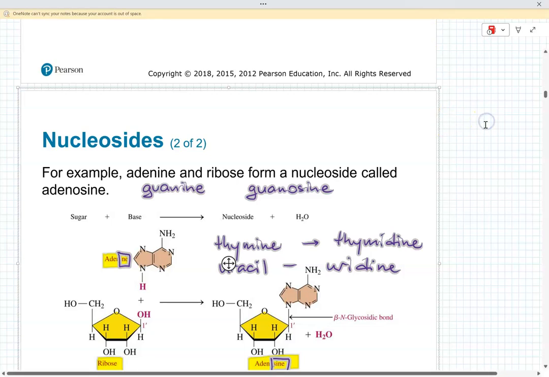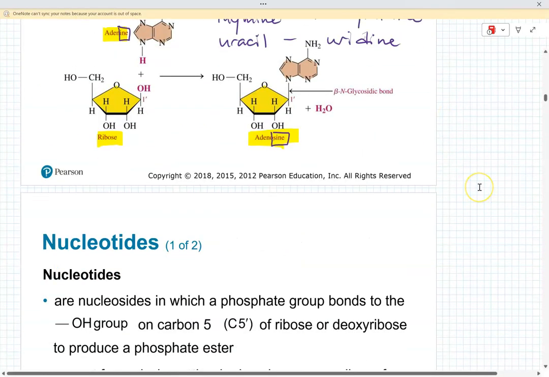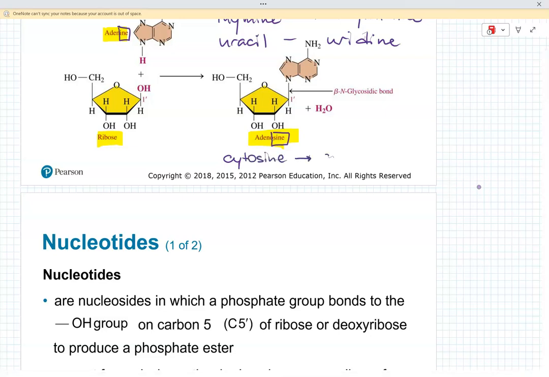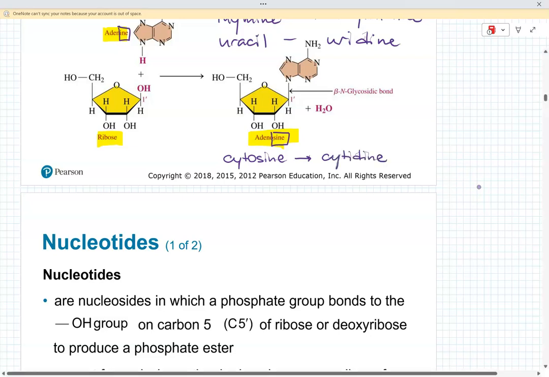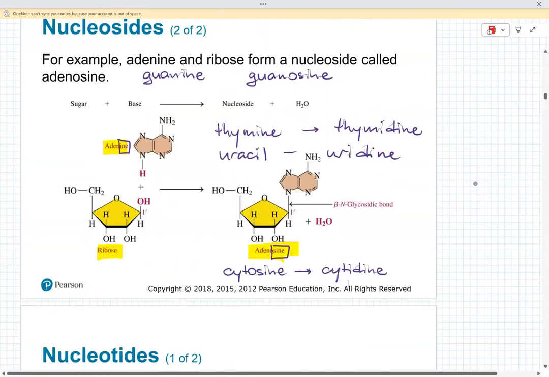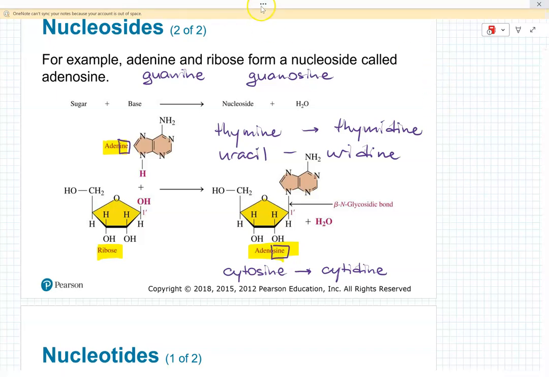And finally, cytosine, cytidine. Okay? So far, does that make sense? So, terminologically, if we say the word adenine, we refer to a base. When we say the word adenosine, we refer to a nucleoside.